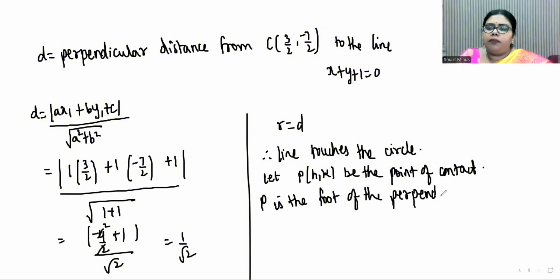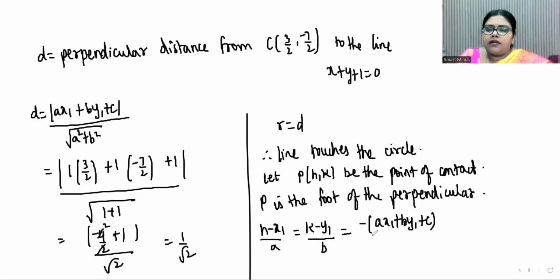Now we need to apply the foot of the perpendicular formula. h minus x1 by A is equal to k minus y1 by B is equal to minus of Ax1 plus By1 plus C by A square plus B square.